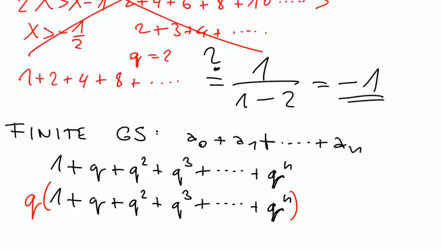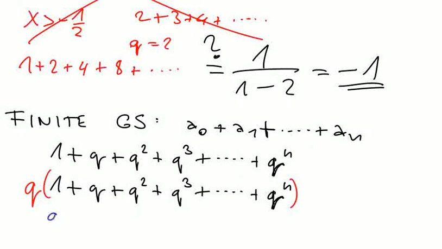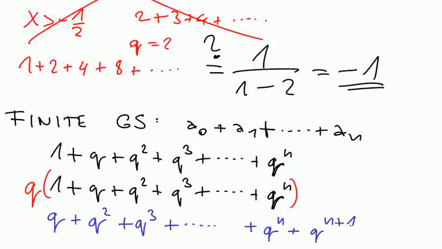But this is nothing else than q plus q squared plus q cubed and so on plus q to n plus q to n plus 1.